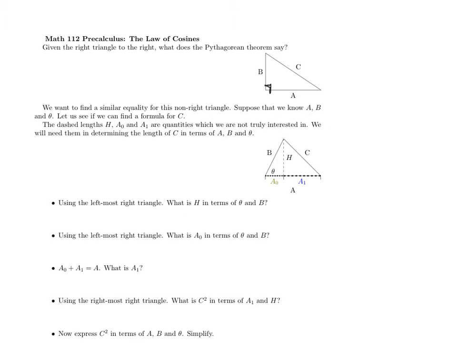If this triangle is a right triangle, then the Pythagorean identity tells you that a squared plus b squared is equal to c squared. Well, what if I take that right angle and I start squeezing it a little bit? If it's now not a right triangle, but this side length is still a, that side length is still b, then this side length is going to be a little bit shorter.